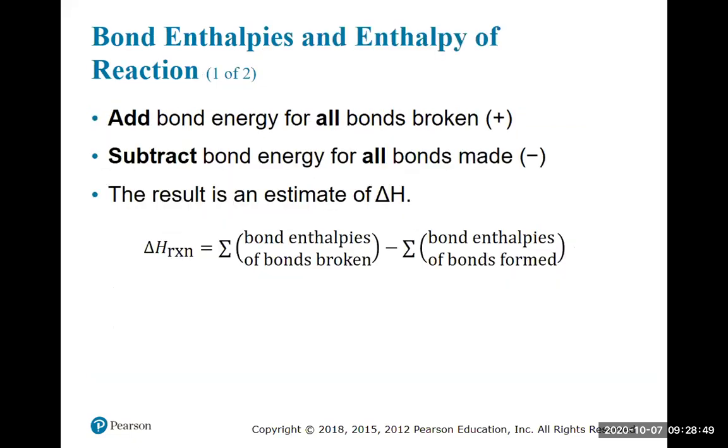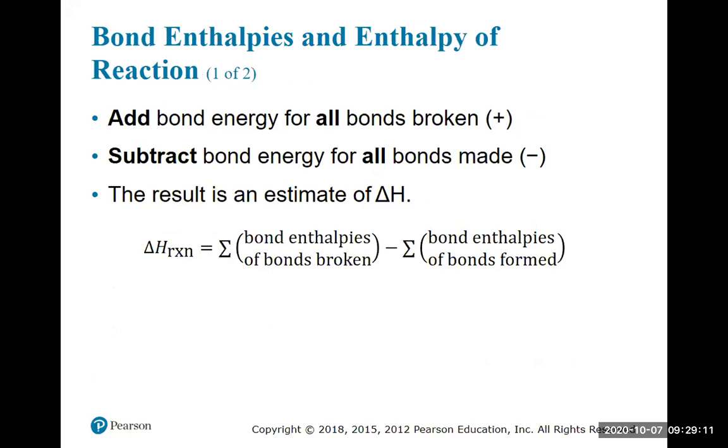Okay, so to calculate, we can estimate a delta H of reaction by looking at these bond energies. And so the formula is bonds broken minus bonds formed. Which ones are the bonds broken?